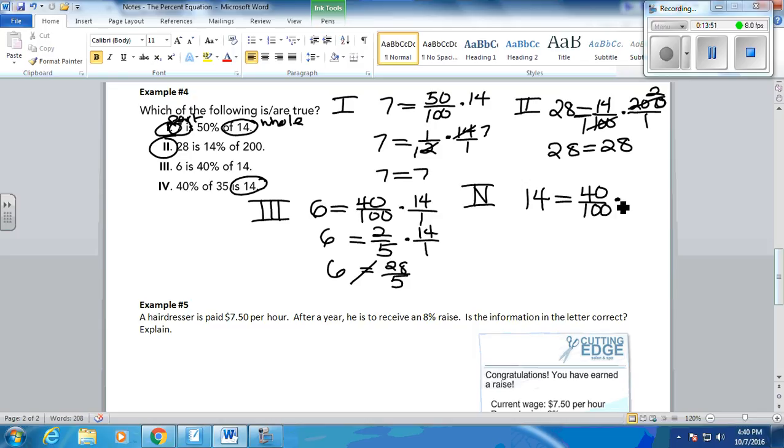So the of 35 would make that our whole. So again, I'm going to go through and reduce this. So 40 hundredths reduces down to 2/5. I'm going to cross cancel the 35 and the 5, so that will leave me with 7 and 1. And so I get 14 equals 14, and that one is also true. So 1, 2, and 4 are true.